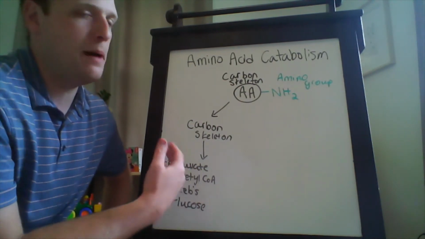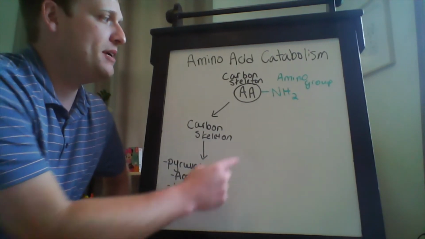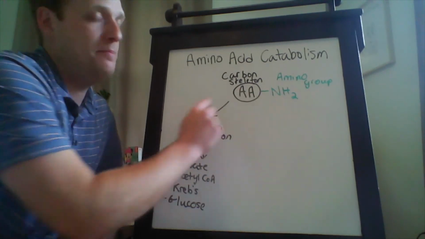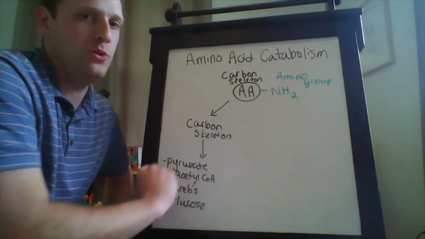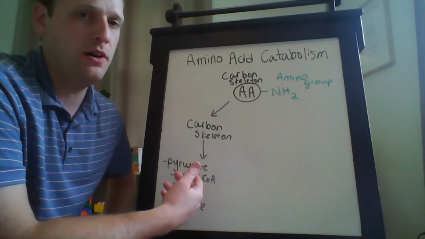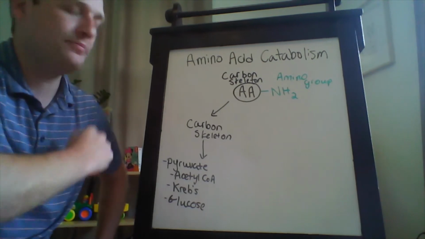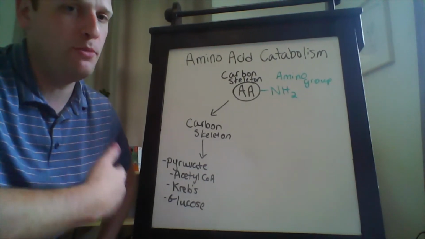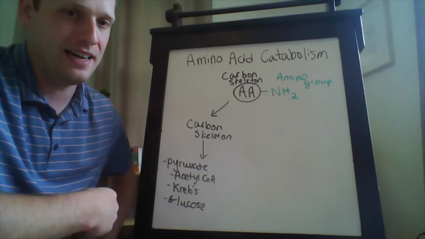But the amino part of the term amino acid comes from the fact that amino acids have an amino group, or one nitrogen with two hydrogens. That's called an amino functional group. And this amino group has to be removed from the amino acid before it can be oxidized.